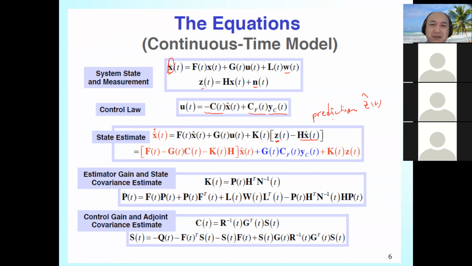So given X hat, what is Z hat? Then what's the error here in the measurement and the prediction? So this is called the prediction error. That prediction error has K transpose here. This is like the observer gain. K is my observer gain. C is my full state feedback gain.